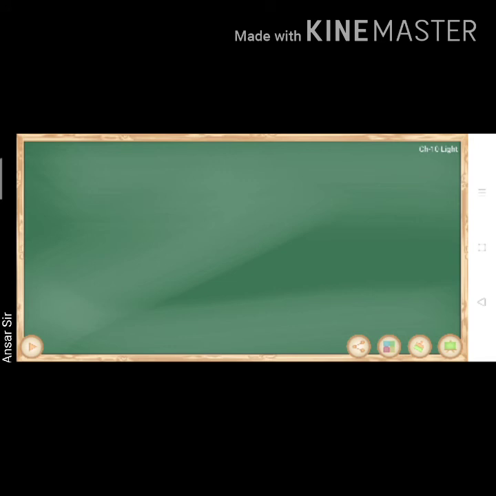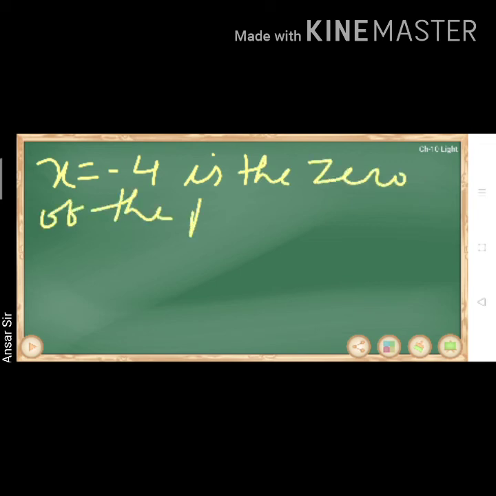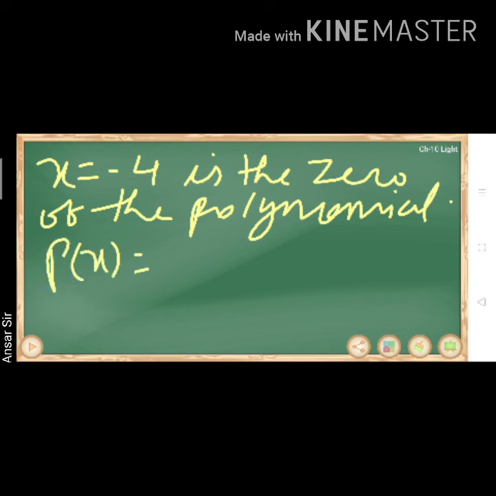Suppose it is given that x equals minus 4 is a zero of the polynomial, and we have to find the value of k from the given polynomial.